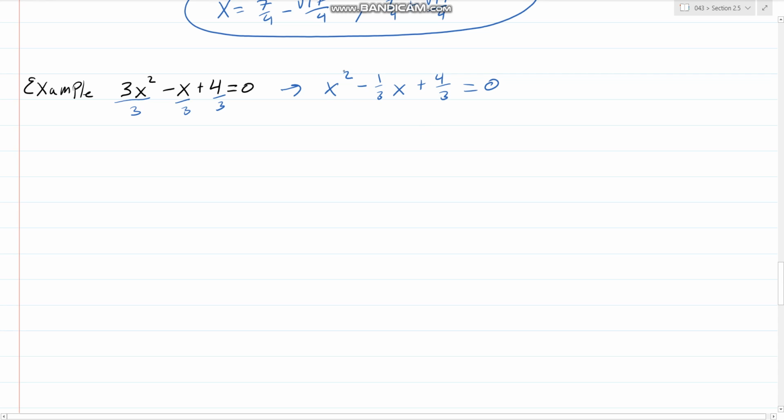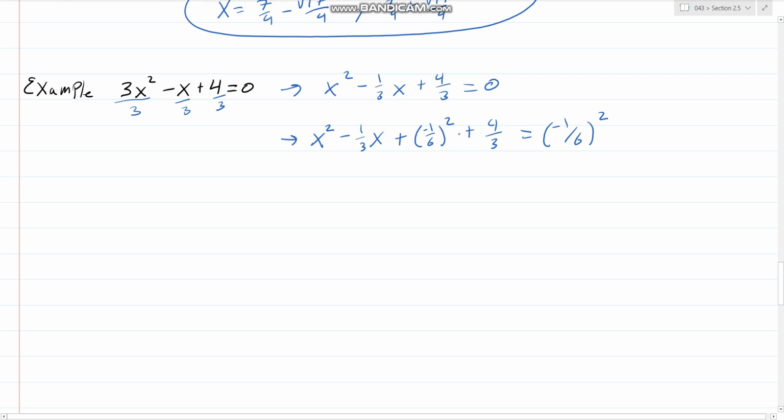And now I'm going to turn these 2 terms into a perfect square. The way I do that, I wrote a 2 and I should have written a 3. The way I do that is I cut this in half, and so that's going to be negative 1/6, and then I square it. But I have to add that to both sides. Otherwise, I am lying.